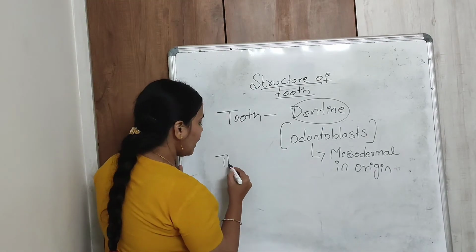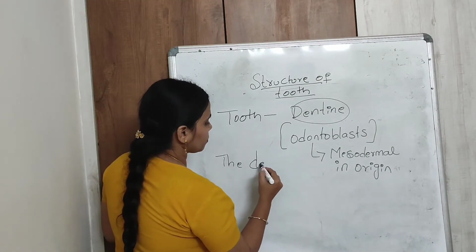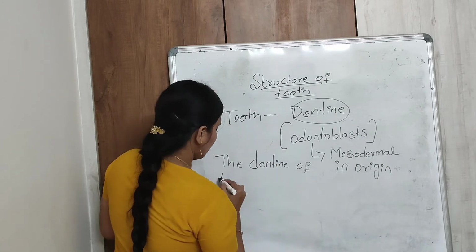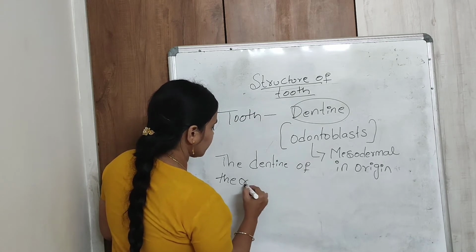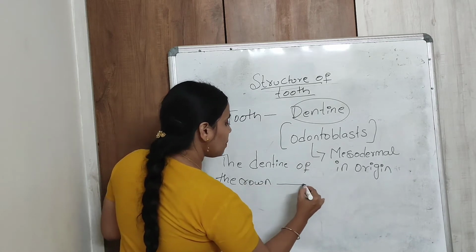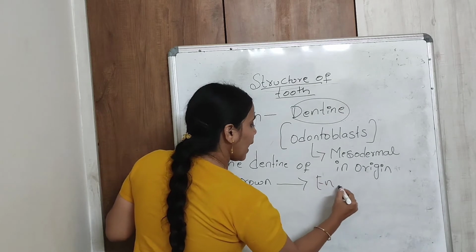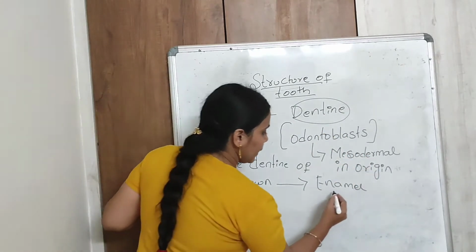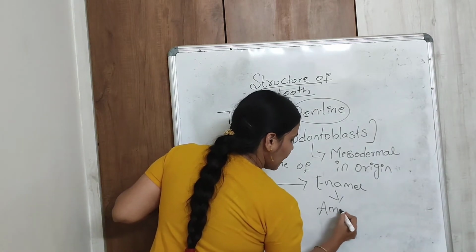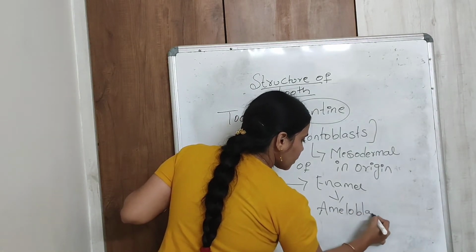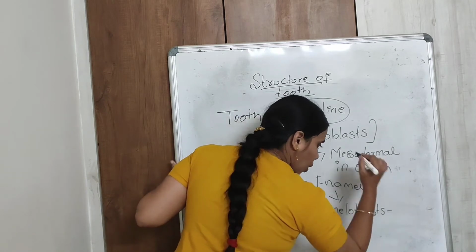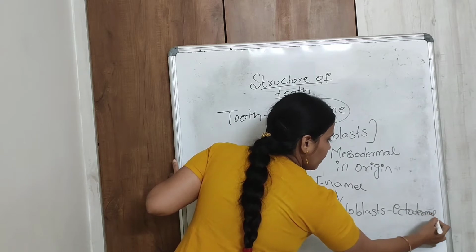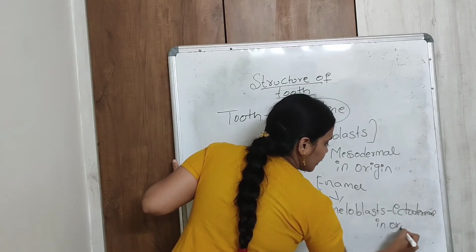Right. The dentine of the crown is covered by another membrane known as enamel. Enamel is secreted by amyloblasts, and amyloblasts are ectodermal in origin.